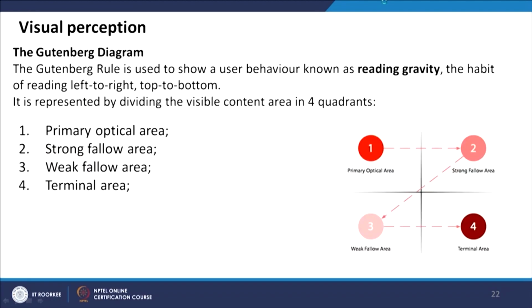Another principle we have to discuss is how people read visual and textual information when it is presented in front of them. This is called Gutenberg's principle.